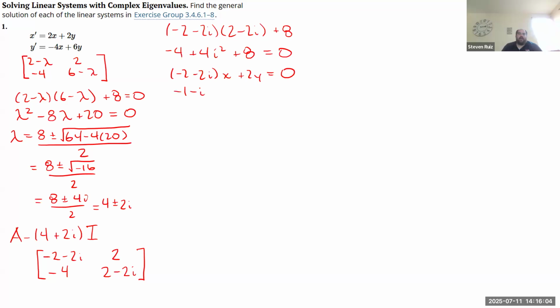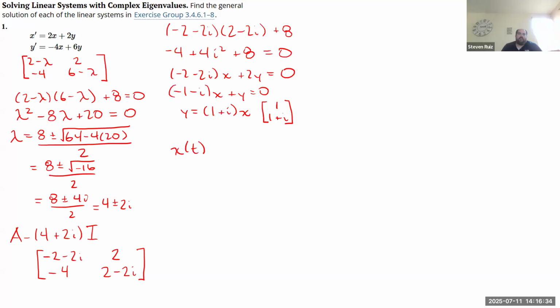So (negative 1 minus i) times x plus y equals 0. y equals (1 plus i) x. This gives me a good eigenvector. If I let x equal 1, then y would have to equal 1 plus i. So this is a good eigenvector. Now what do we do with it?